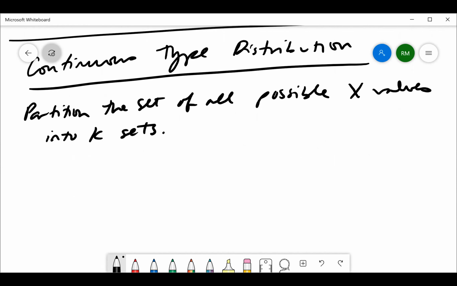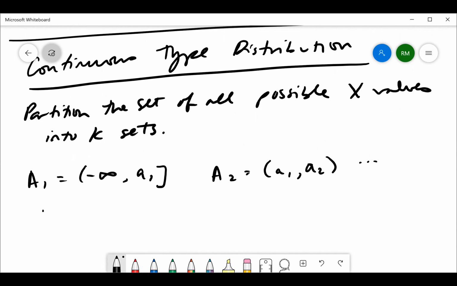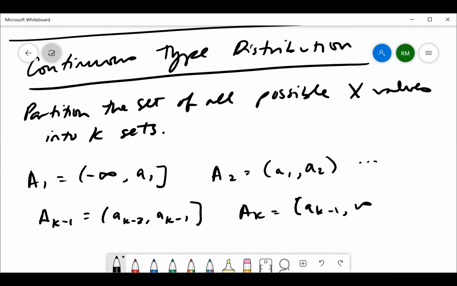And so they will look something like this. The first one will be the interval from -infinity to a1. The second one will run from a1 to a2. ak minus 1 will run from ak minus 2 to ak minus 1. And the last partition will run from ak minus 1 to infinity.